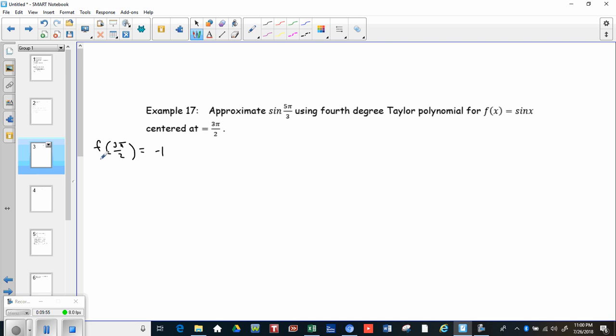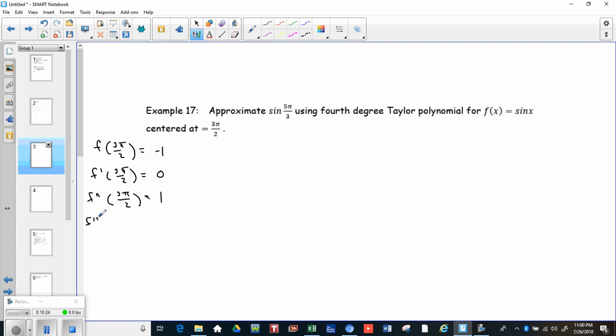Hopefully you guys know the derivatives of these, so I'm going to kind of skip writing that, but we're still going to write down what the derivatives evaluated at our center are. So I need the first derivative at 3 pi halves. First derivative of sine is cosine. Cosine of 3 pi halves is 0. Second derivative is going to be negative sine. So that should give us negative sine of 3 pi halves, which is positive 1.